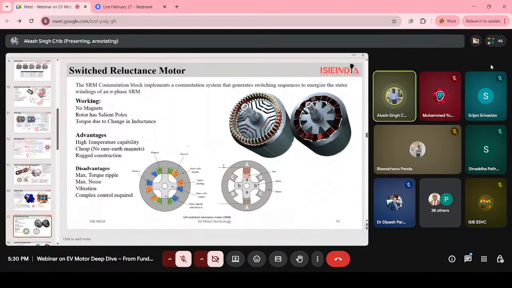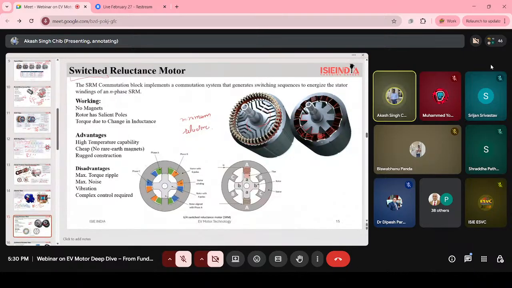Minimum reluctance means this switching process. That's why it is named switched. You can see the rotor is not aligned with the stator part.